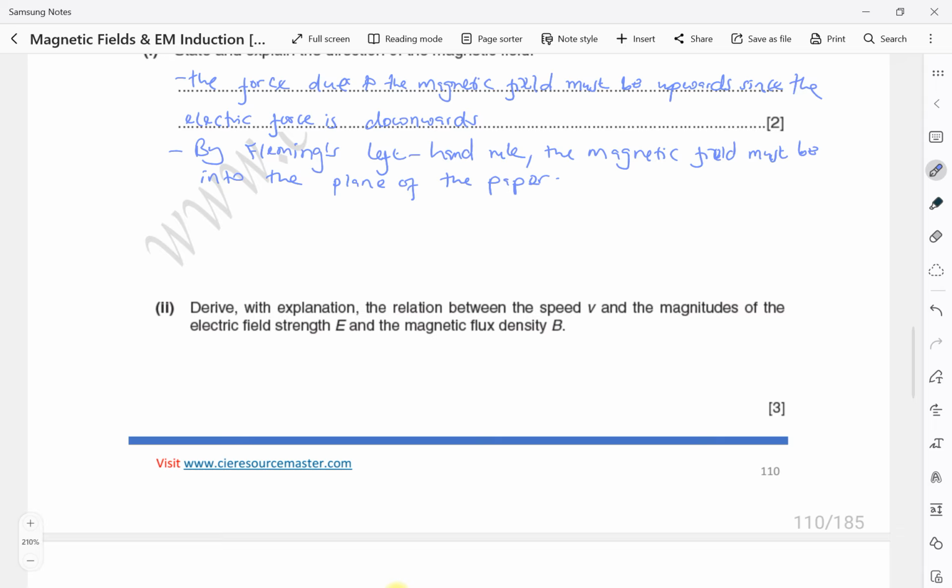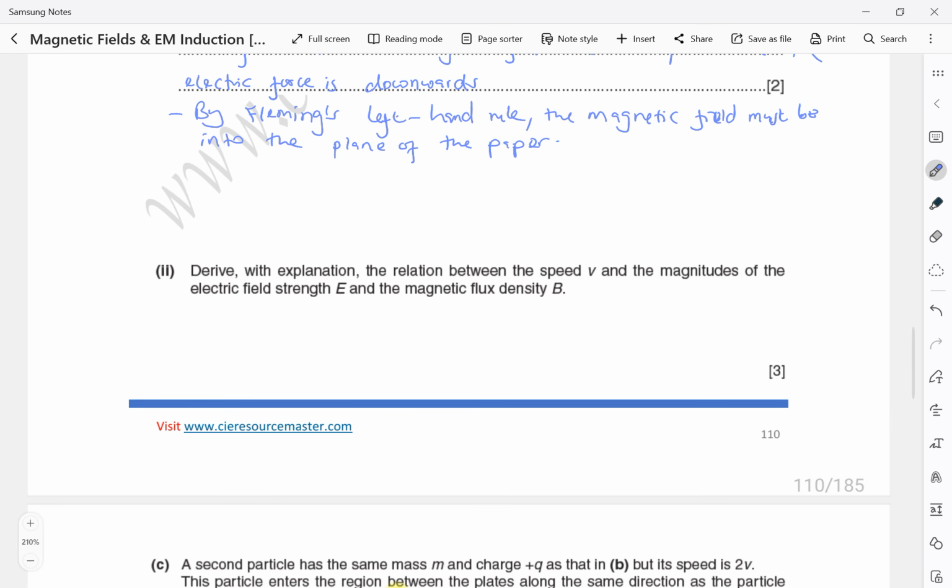Derive with explanation the relation between the speed v and the magnitude of the electric field strength E and the magnetic flux density B. So for no deviation, the magnetic force should be equal but opposite to the electric force.